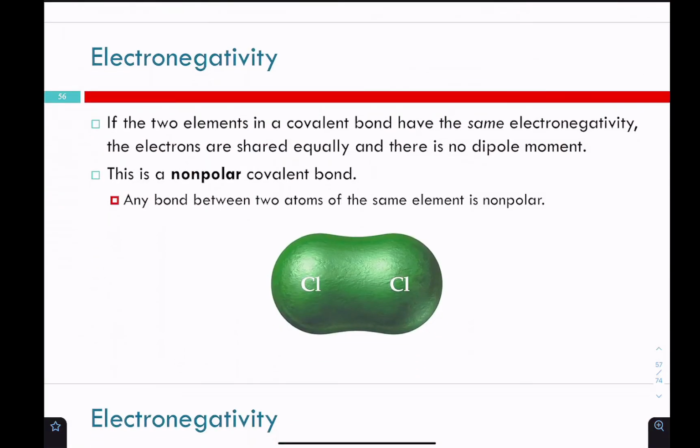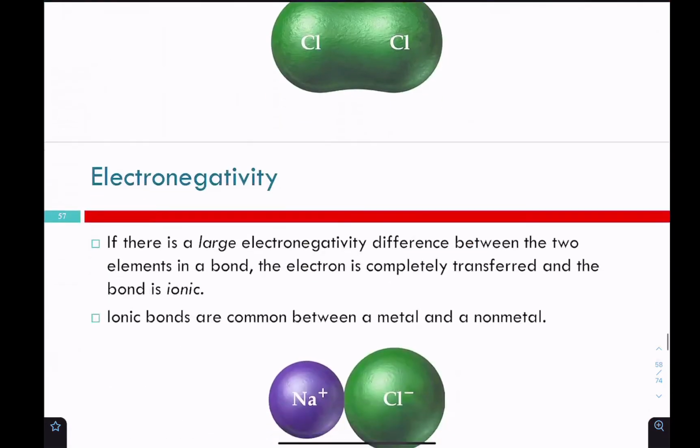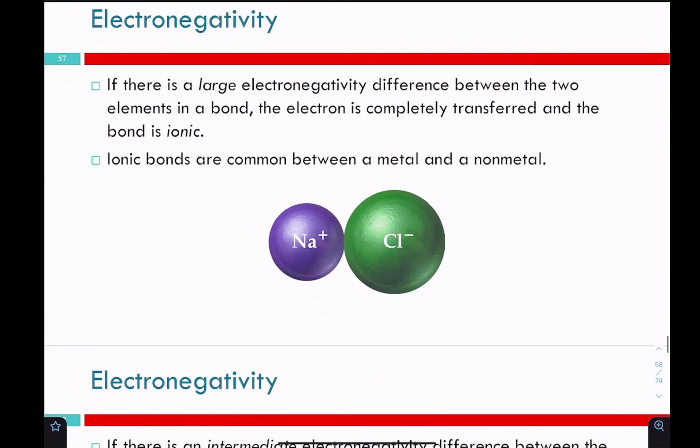So there's three possibilities. We can either have the same electronegativity between the two atoms in the covalent bond. So if you have two atoms of the same element, the electronegativity is exactly the same. So they're sharing those electrons equally, and that's a nonpolar covalent bond. If you have a large electronegativity difference, this is the second option, right?